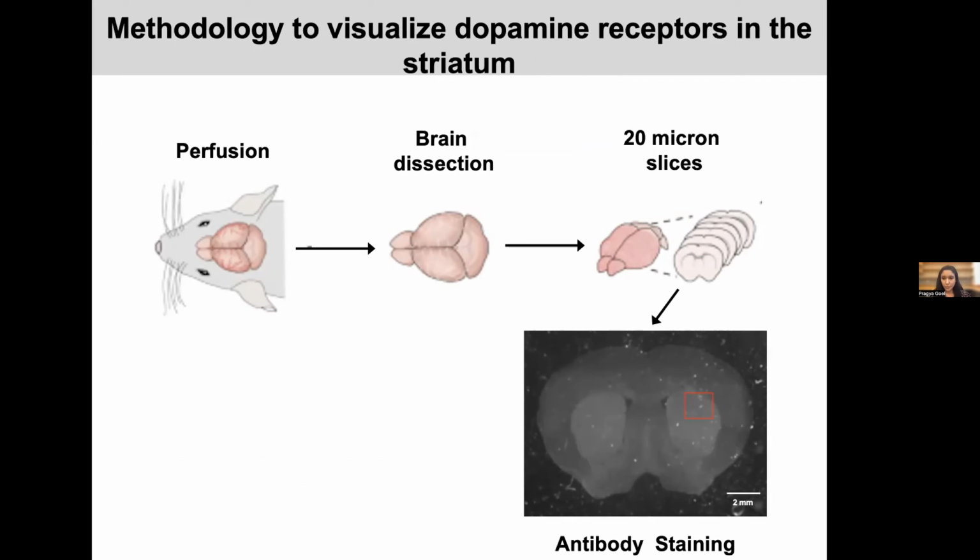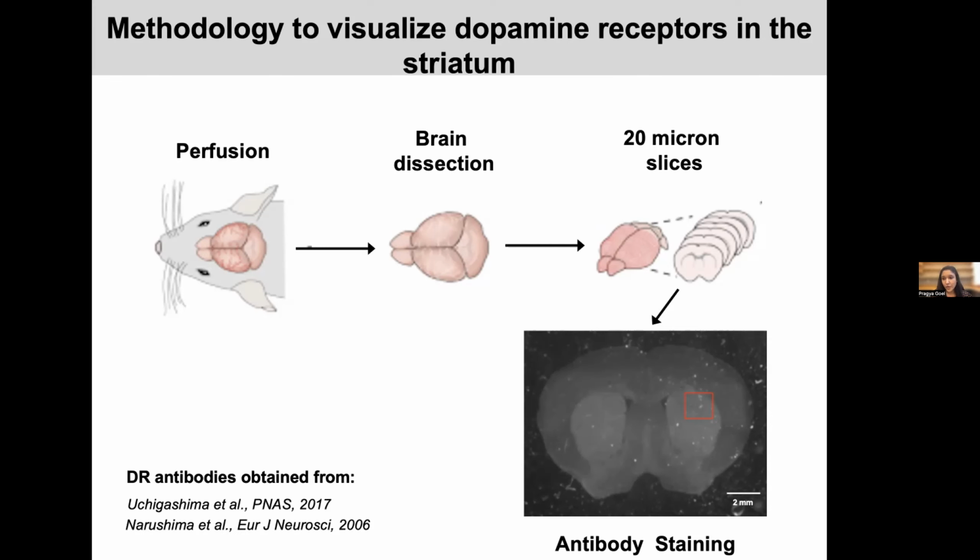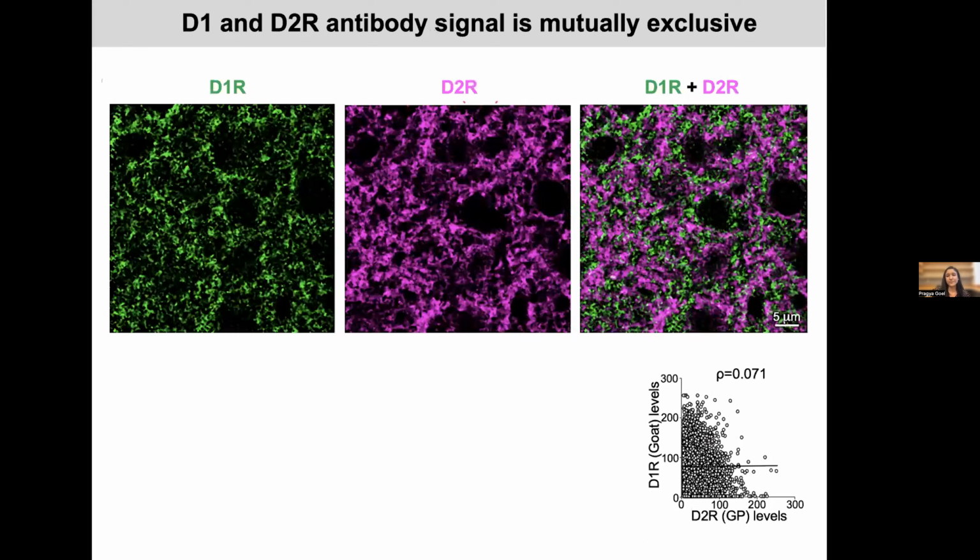So we obtained dopamine receptor antibodies published twice by this group, which was shown to work for basic confocal stainings, and I knockout verified them to make sure they were specific before using them for sophisticated localization experiments. Here's a confocal staining, a basic staining for these two receptor antibodies.